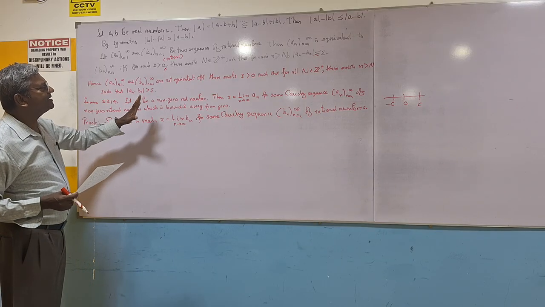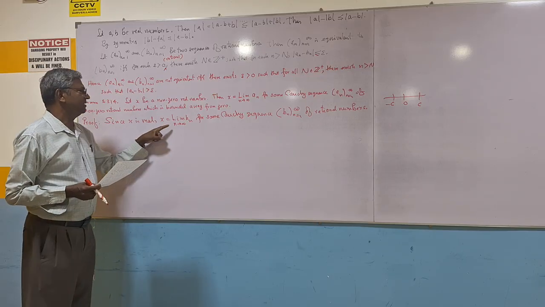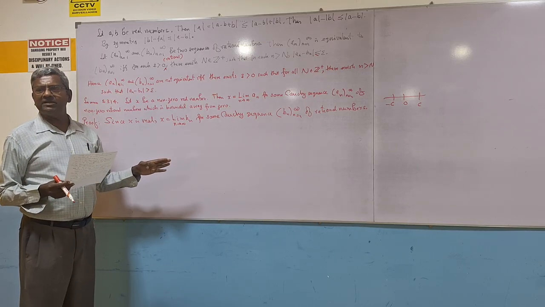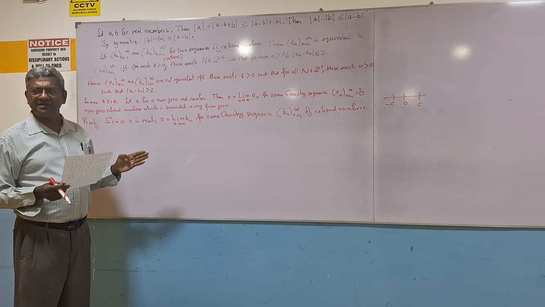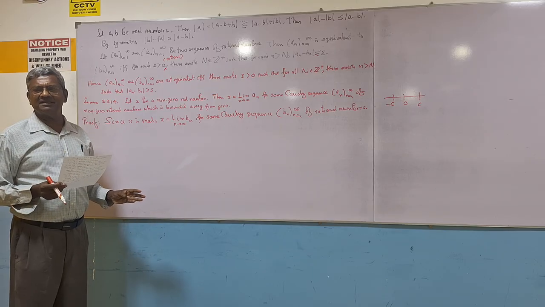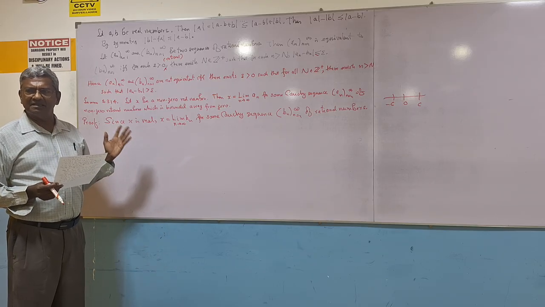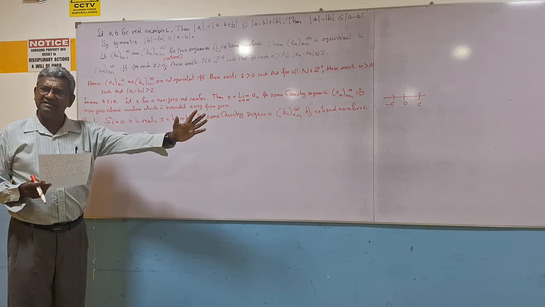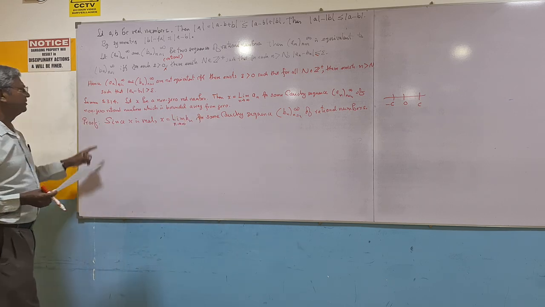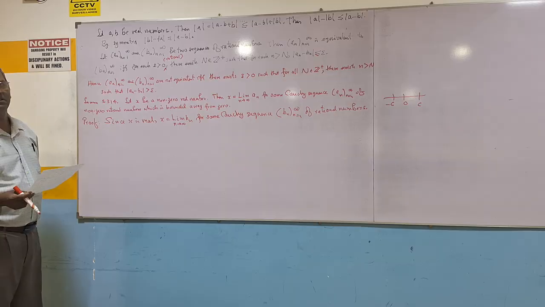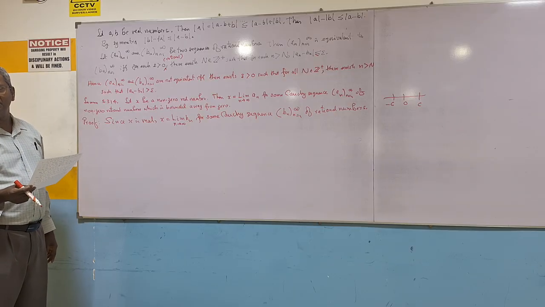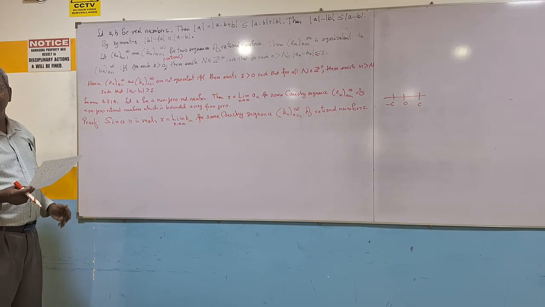But what we need is a formal limit of a sequence of non-zero rational numbers. Not only that, bounded away from 0. That's what we need. Right?